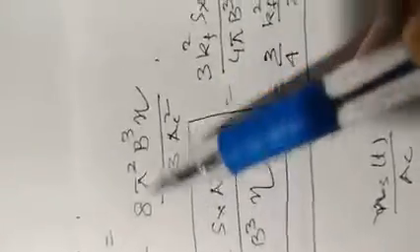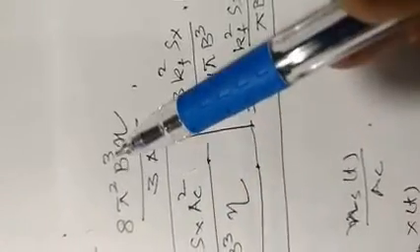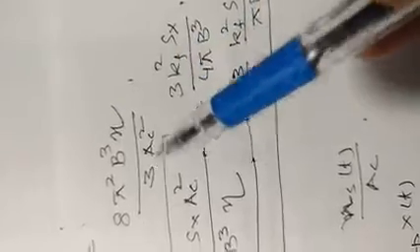So if we multiply this component by 1 by Ac square, then we will get 8π square B cube eta by 3 Ac square.